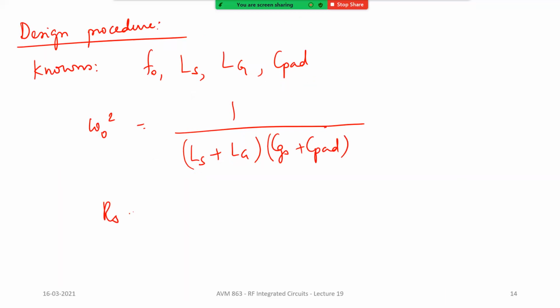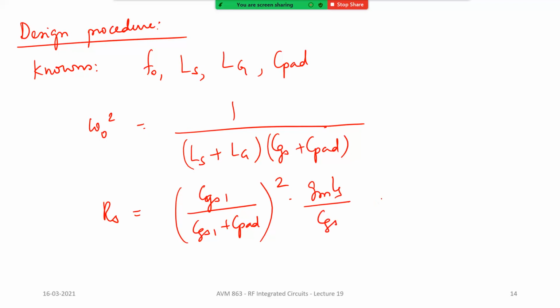Another thing is the RS equation, which I wrote the expression for and I wanted you to derive, which is basically CGS1 divided by (CGS1 plus CPAD). This is a scaling factor into GM LS divided by CGS, right? So this is another equation. So you know some of the things, the other things you'll have to look at.